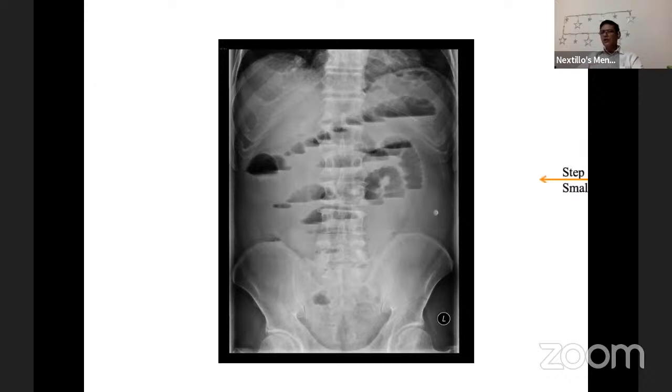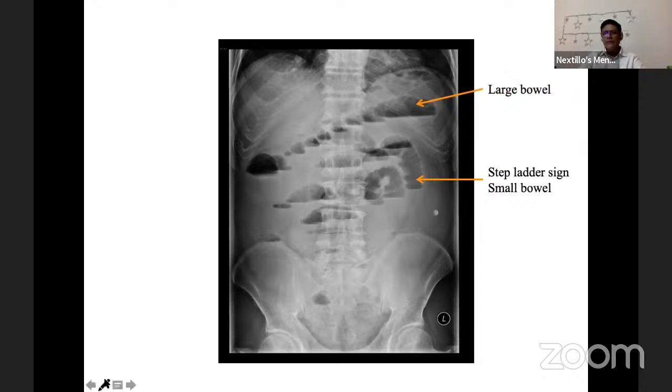As an aid to you, here what you see is the step ladder sign that is seen in the small bowel, and what you see here is the large bowel, meaning thereby that this is small bowel seen here and this is the large bowel. This is just going to be a clue for it. You are supposed to make a diagnosis of what the patient is suffering from. And if you can give me a very probable specific diagnosis, it would be best for us.